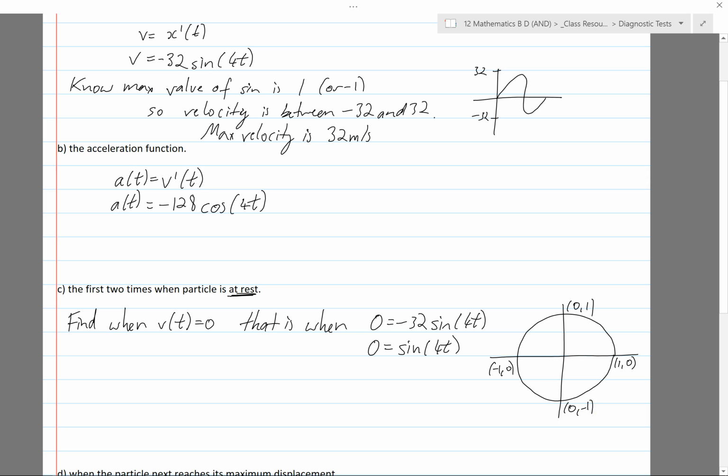The reason why it says next here is because it started at its maximum displacement. Where's this next point down here? It must be the one closest to 0. Yeah, this pi on 4. So I could write some comment like that.